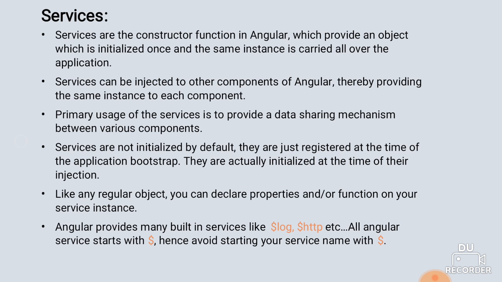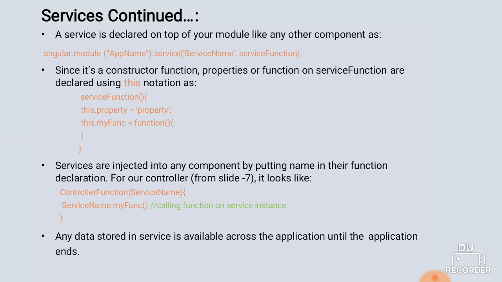Basically, you declare it like this, using your module name with the dot service function, taking a service name and then a service function. As I said, the service function is a constructor function, so you can define a property using the this keyword, like this dot property is equal to some string or name or number, whatever you want. Similarly you can define this dot myFunction is equal to function.